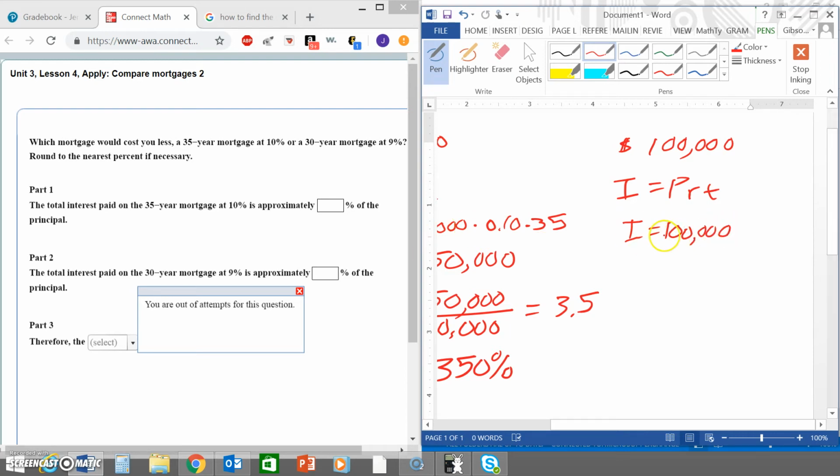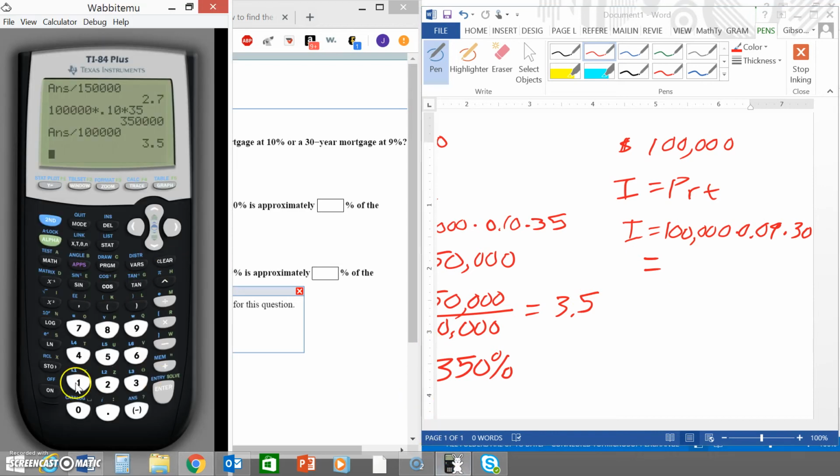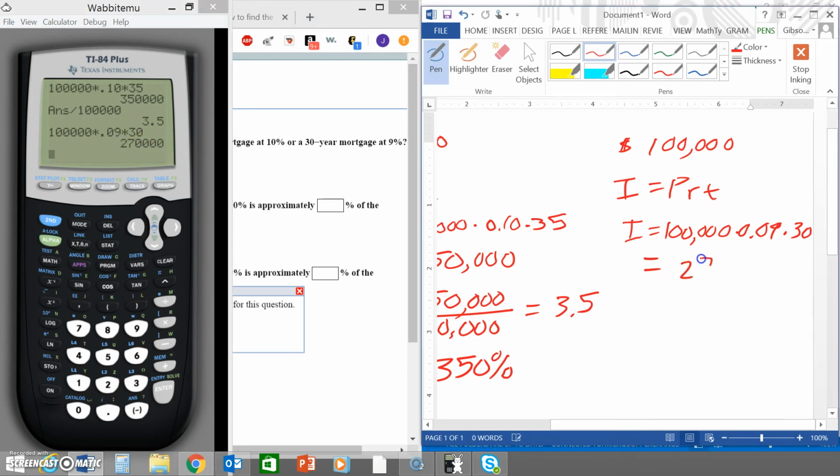The rate here would be 9%, which is 0.09, and the time would be 30 years. Now we would take our calculator and multiply out these values. So we have 100,000 times the 9% times 30 years, and that would give us 270,000.